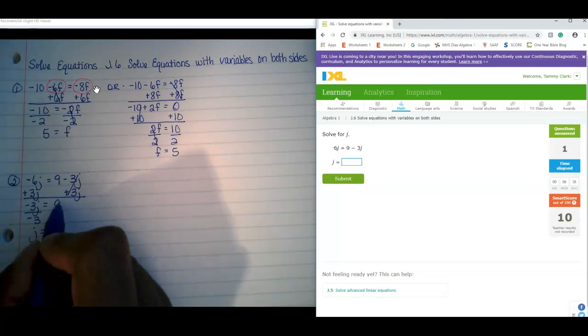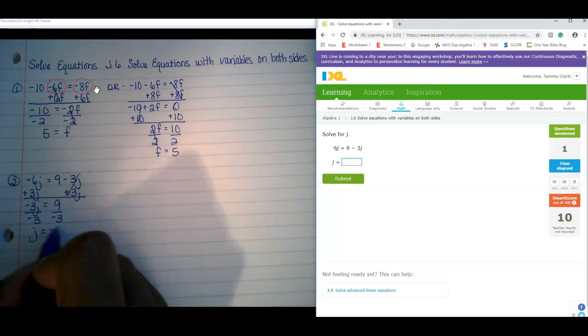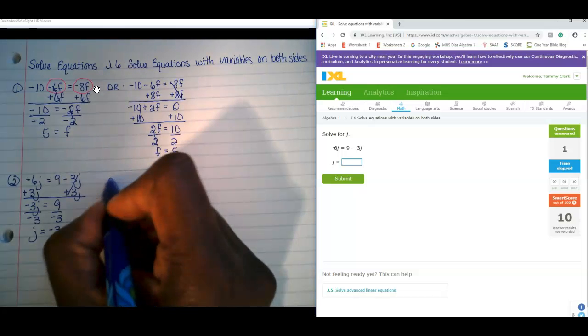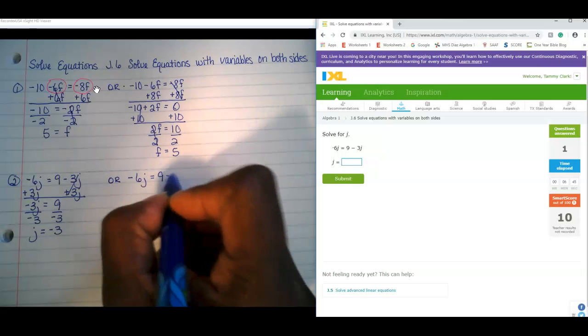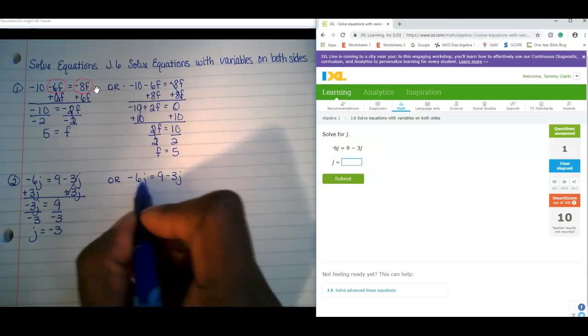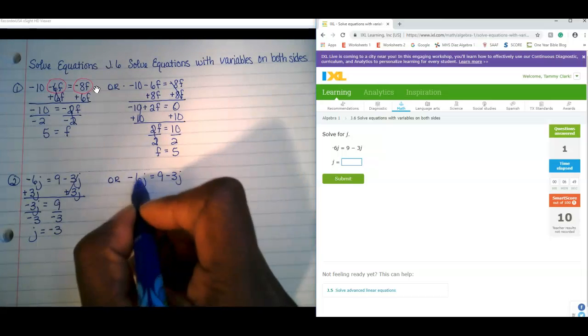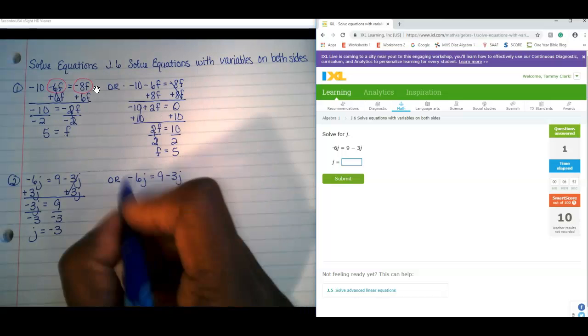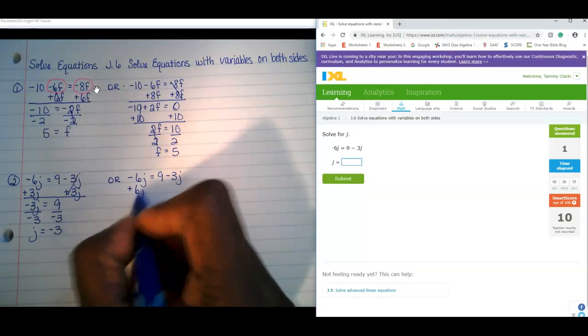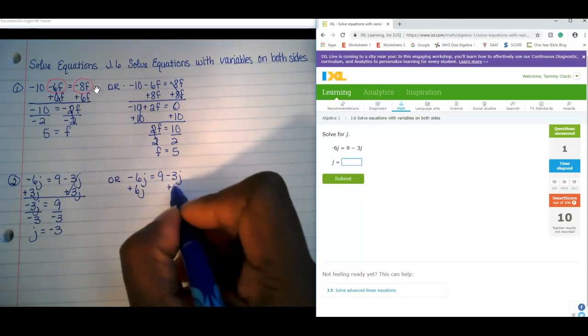J is equal to 9 divided by negative 3, which is negative 3. Or I have negative 6j equals 9 minus 3j. I know that the absolute value of negative 6 is 6, so if I move that to the right side, it's going to create a positive algebraic term.